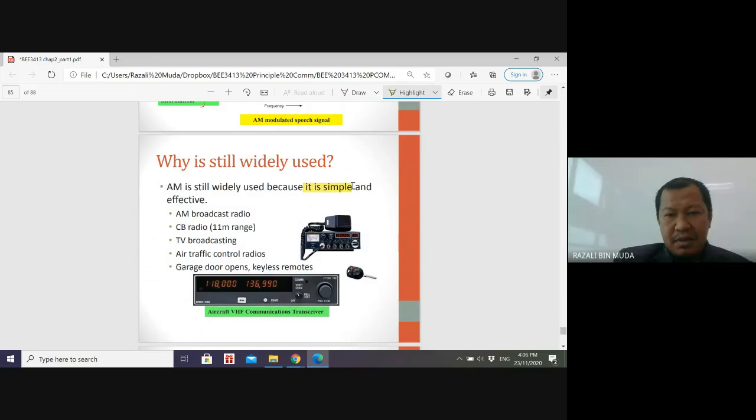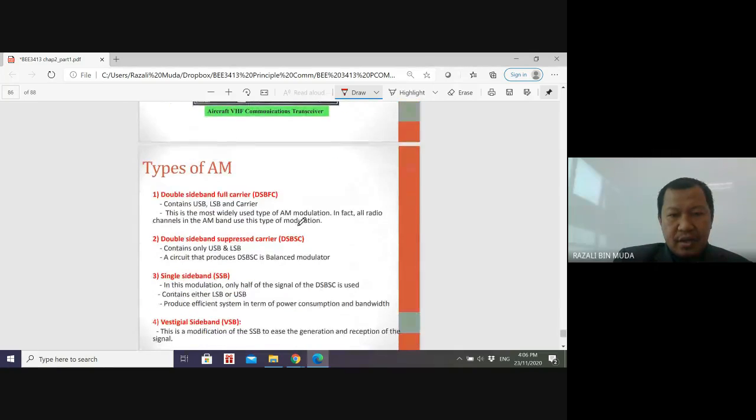These are the technologies that still use AM modulation techniques: AM broadcast radio, CB radio, TV, traffic control, remote control, and so on and so forth.